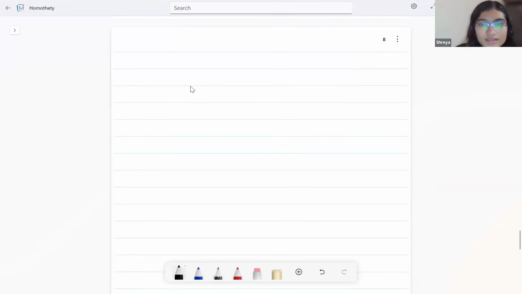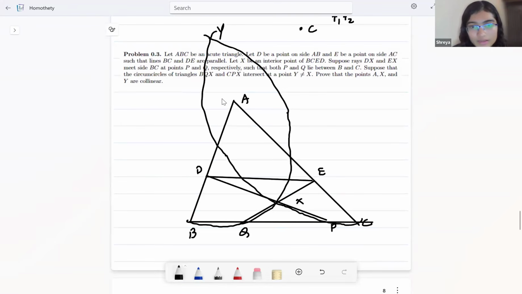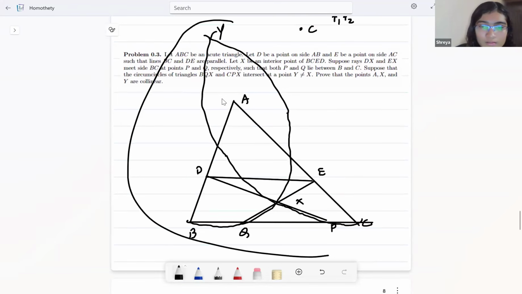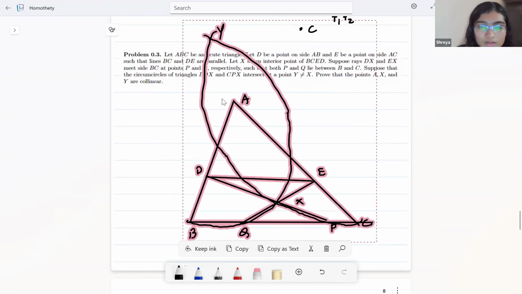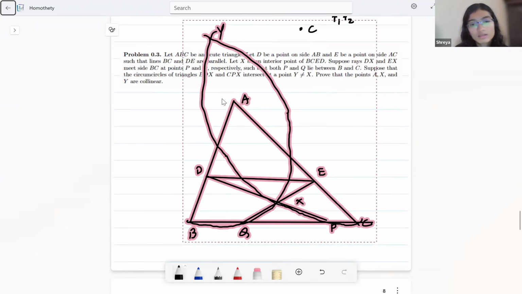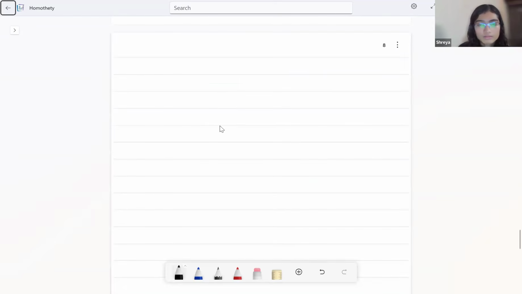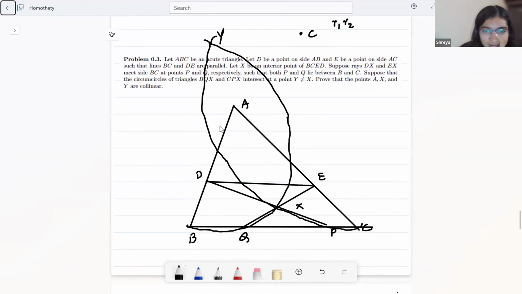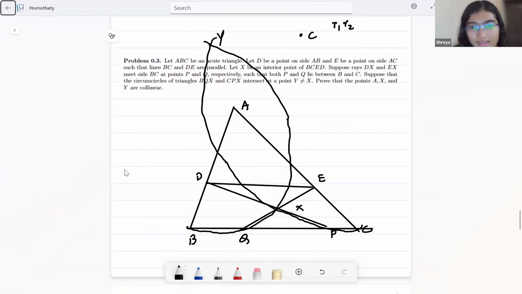I don't know why it's not copy pasting. Okay, so we need to prove A, X, Y collinear. So first of all, A, X, Y collinear is a terrible condition where Y is the second intersection of these two circles.